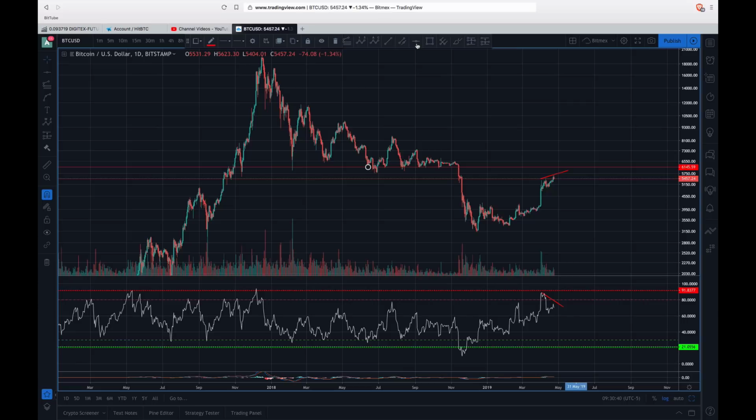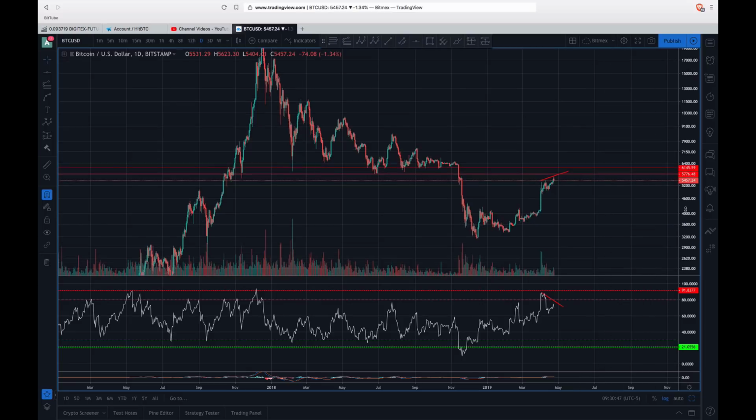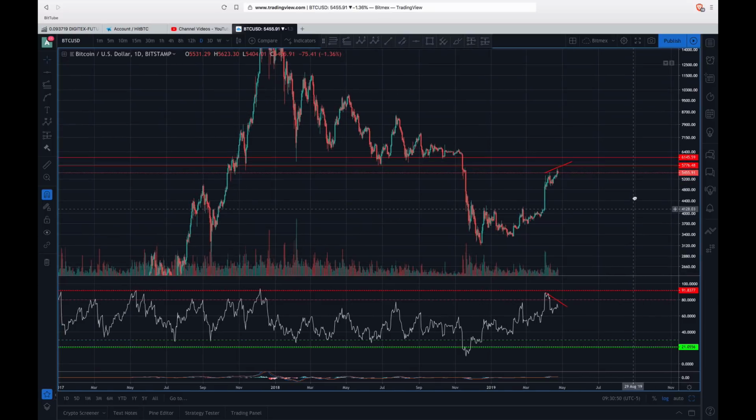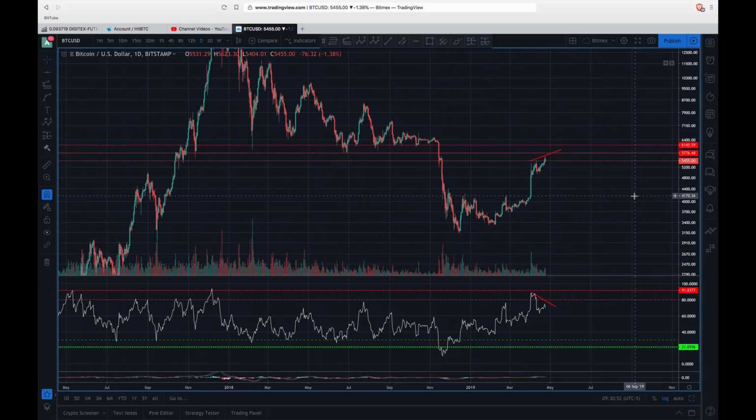So there's a range that we can expect resistance in, and that range is right here. Because whenever we put in a major support like this and it breaks, it's going to be incredible resistance on the way back up.